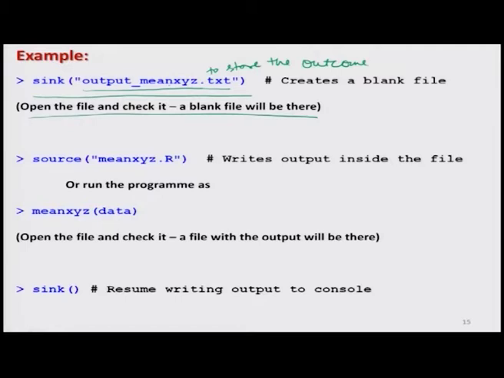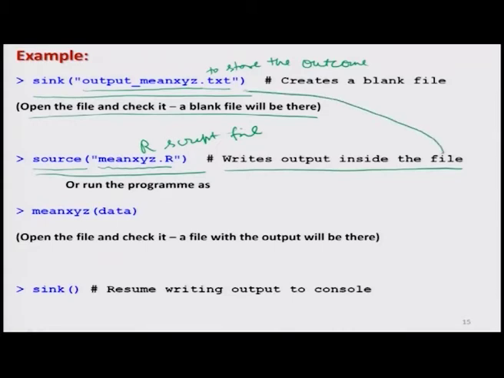Now after this I write down the second step, source, and I give the name of the file in which I have written the program. This file name is mean xyz.R, that is an R script file. Do not worry, I will show you on the R console also. As soon as I execute this command, this will write the output inside the file.